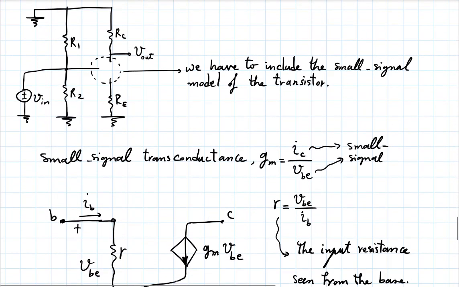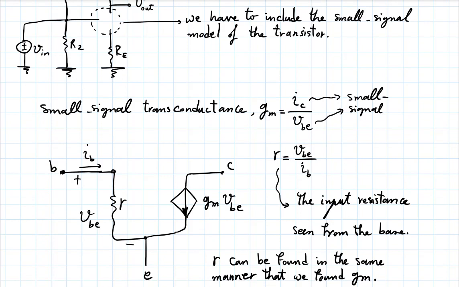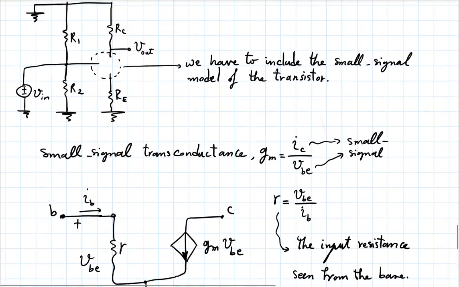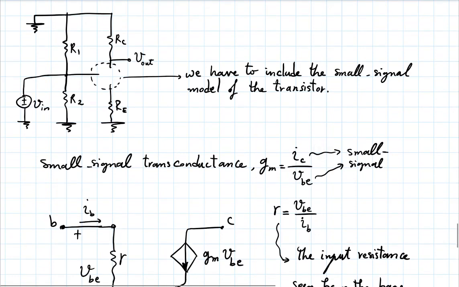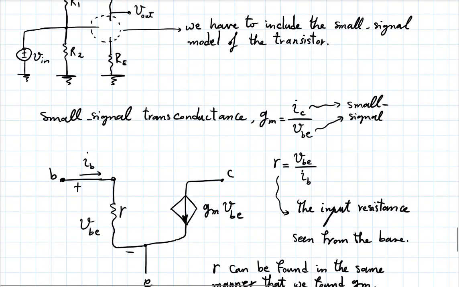You can just replace the dashed circle with what you have here. There's no diode here, there is no nonlinearity anymore. The small signal behavior is basically a circuit with only linear elements: resistances and transconductance.